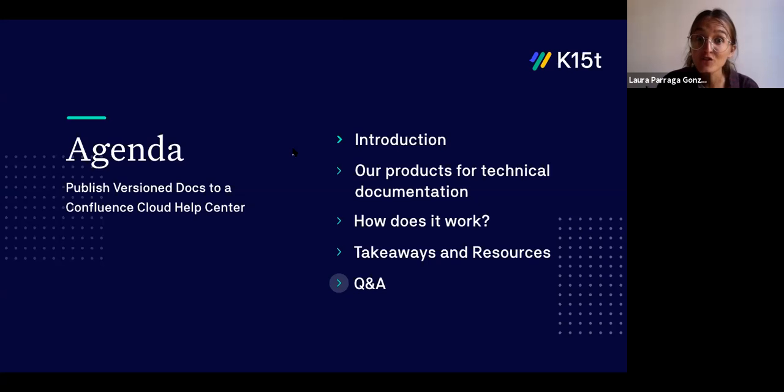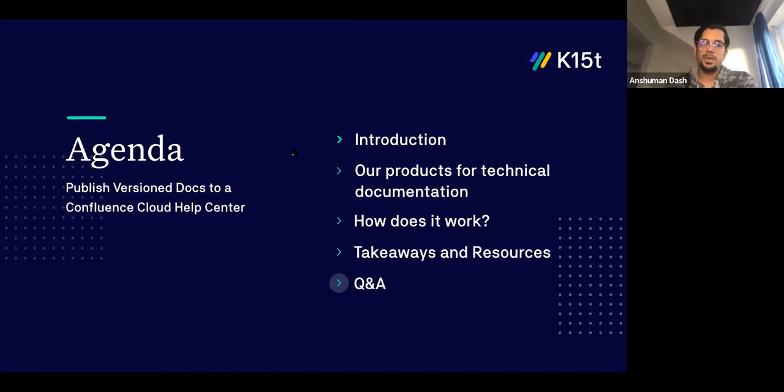Also, Olivia, can I restrict access to a version? Dash, do you want to take that one? Yeah, sure. Yes, you can. The way Scroll Documents works, as Stefan mentioned, is that when you save a version, it creates a snapshot, which is a copy of your working version of the document.